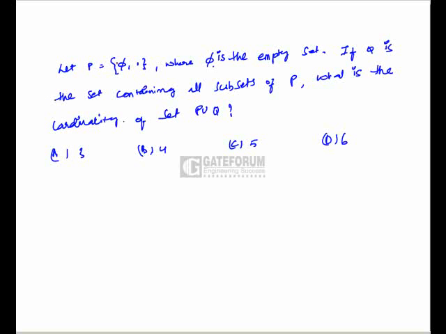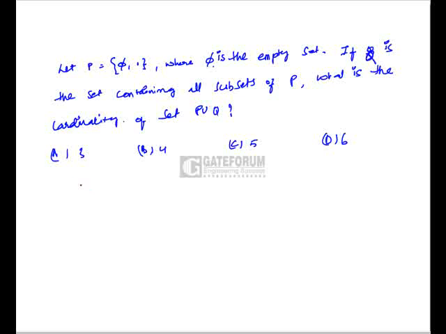Set P contains elements phi, that means empty set, and 1, where phi is the empty set. If Q is the set containing all subsets of P, what is the cardinality of the set P union Q?